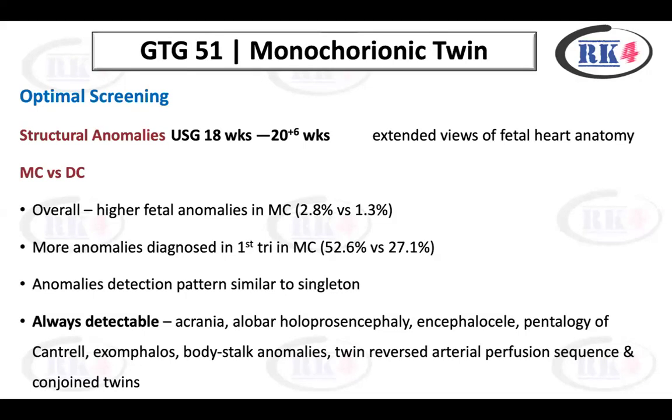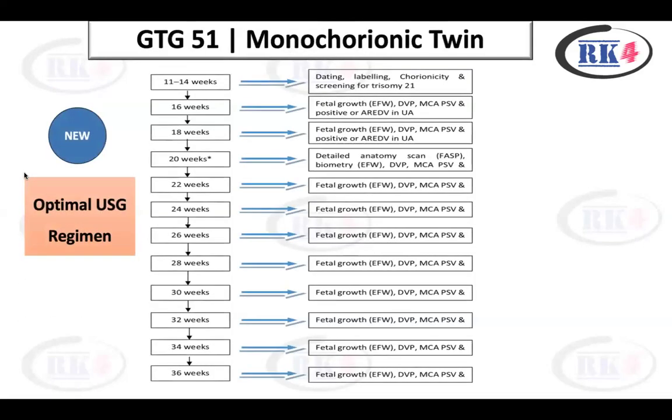Now, talking about the optimal ultrasound regime, this is the table which is new. So what have they added in here? If you have the previous guideline, you can compare it from here. What they have added is that from 16 weeks, you will check for fetal growth, estimated fetal weight, DVP, and middle cerebral artery peak systolic velocity.